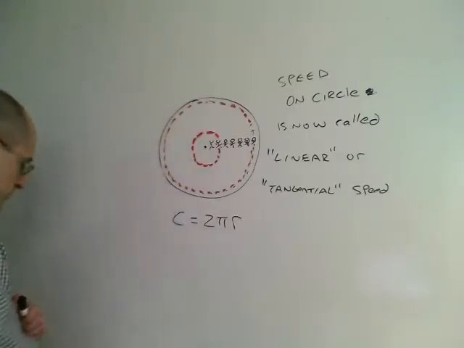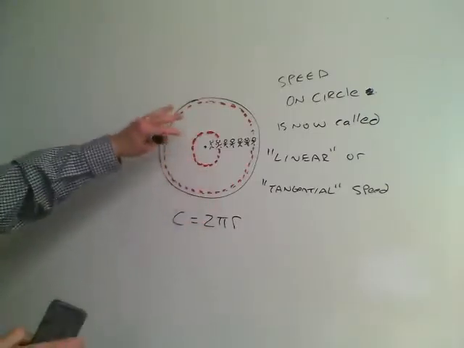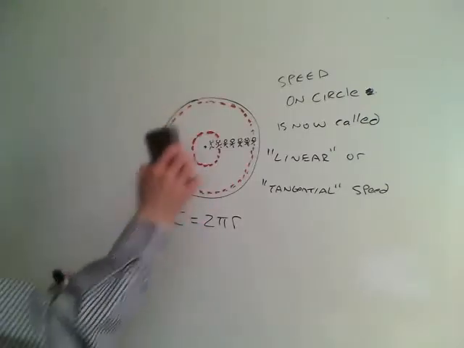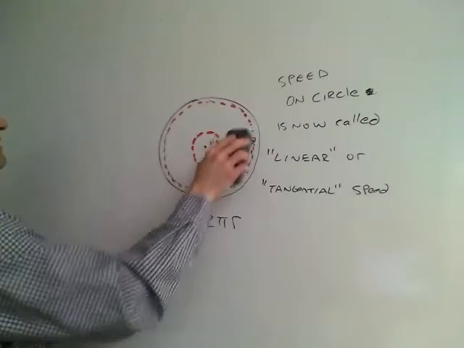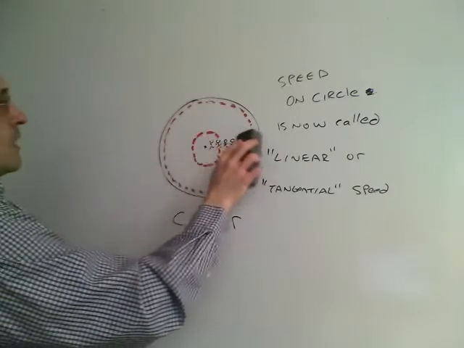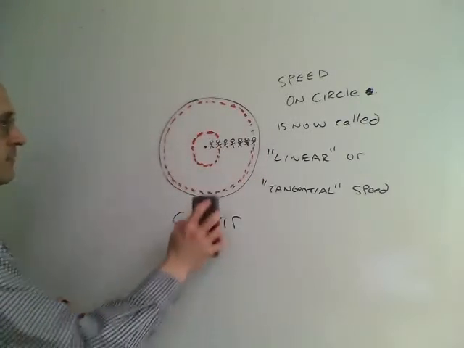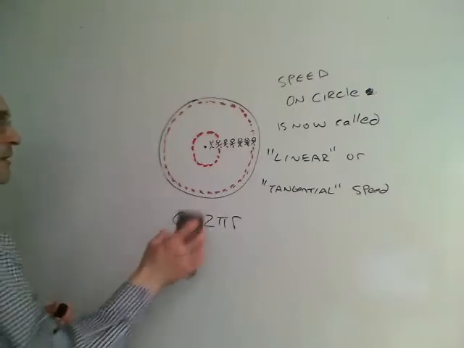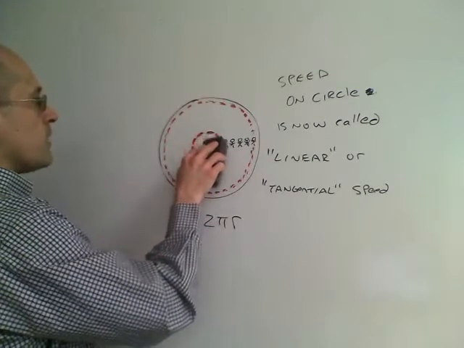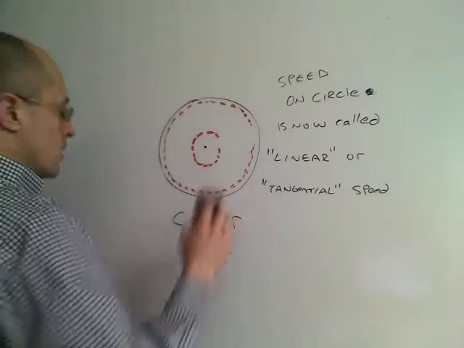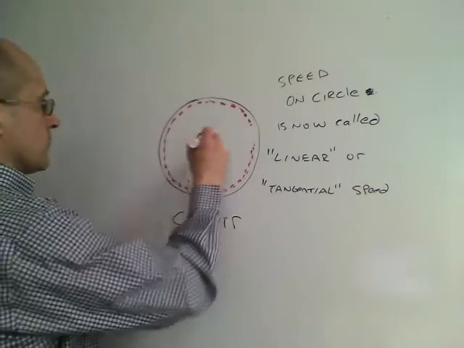Now let's keep this idea of linear and tangential speeds in the back of our mind, and where you are on the circle being different. Now let's pretend that instead of a line of runners, we are on a merry-go-round.